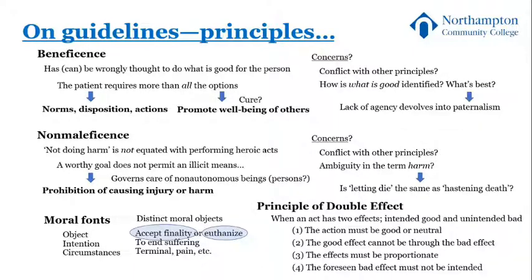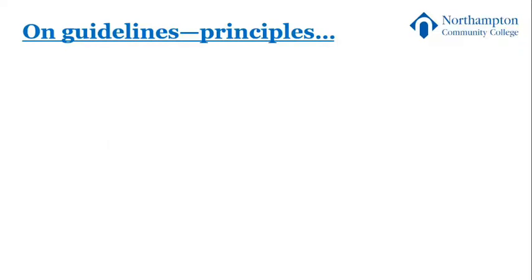So everything that we probably get as far as treatment in one way or another has some sort of bad effect. Think of pharmaceuticals. But it's proportionate. So we wouldn't want the medicine to be worse than the treatment, something like that.